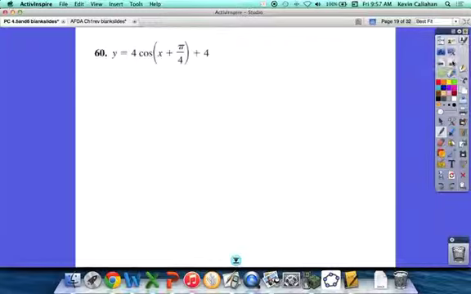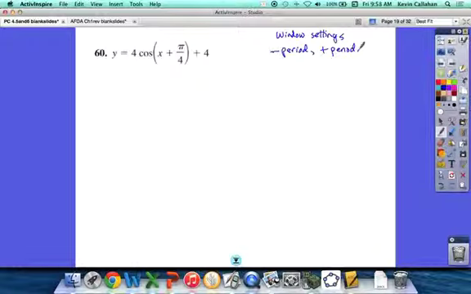Okay, we're going to set our window, so we want to go to our window settings. Right, from minus a period to plus a period, and zero will be in the middle.